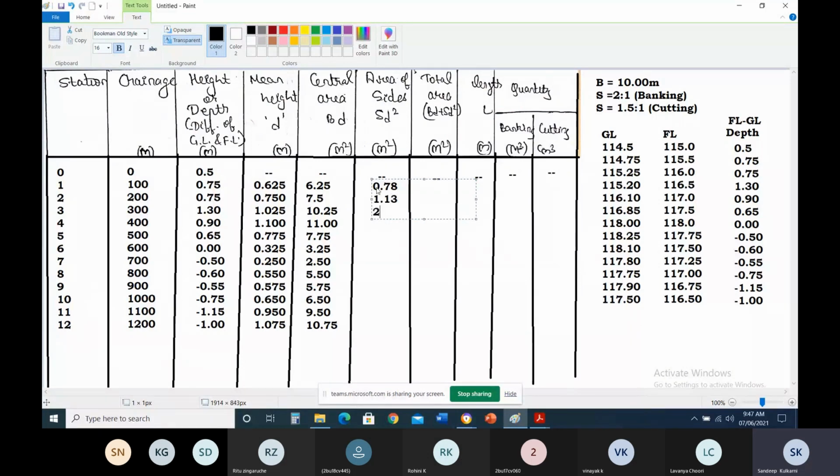Similarly, 2.10, then 2.42. Then d is the mean depth, 2 into 0.775 square, that will be 1.20. Then next I'll be getting 0.21.